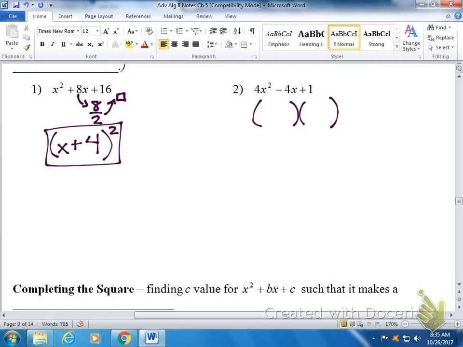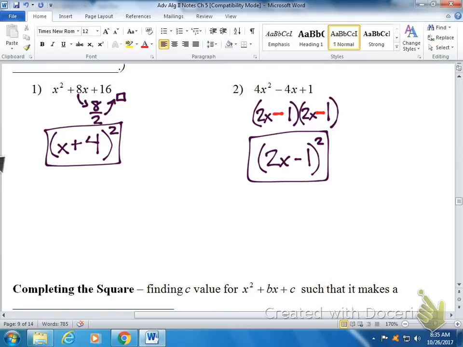So let's see, if you took the square roots of each of these numbers and put them in the front, and the square root of that constant and put it in the back, and wait a second, we need to add to a negative 4, so both of those signs need to be negative, we actually do get a perfect square. We just have to write it as 2x minus 1 quantity squared. That one was more of a challenge. We'll be dealing with more square binomials looking like this.